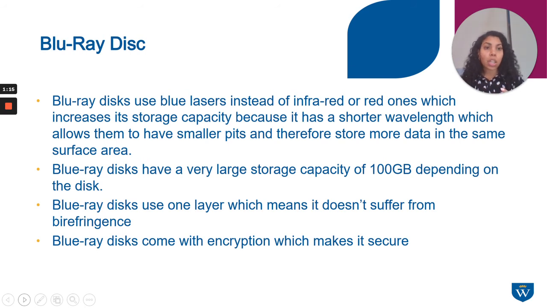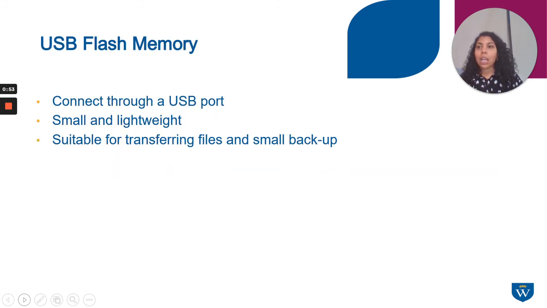And there's no change in the size between CDs, DVDs, and Blu-ray discs. They have a large storage capacity, about 100 gig of data depending on the actual disc, and they use 1 layer, so it doesn't suffer the same issues that you'd have with a DVD. Some Blu-ray discs do come with encryption to make them secure.